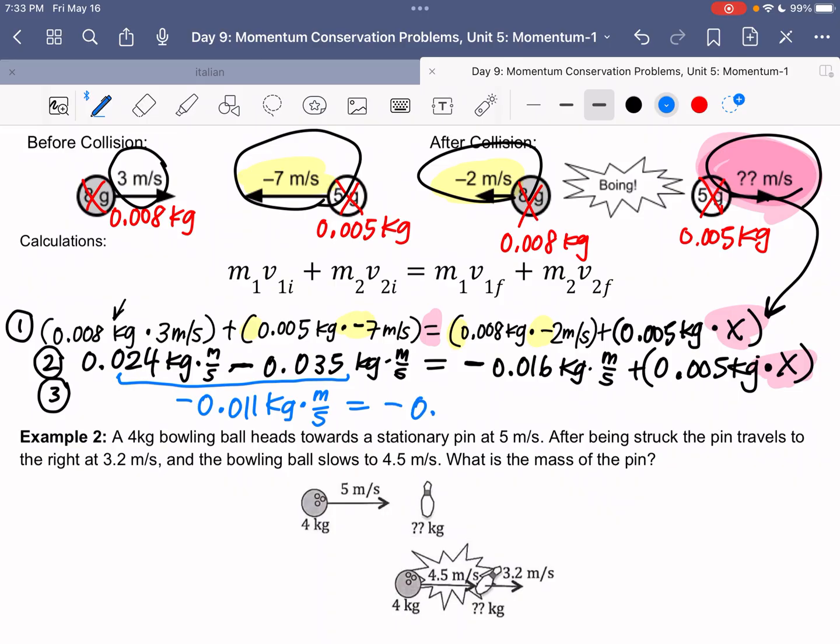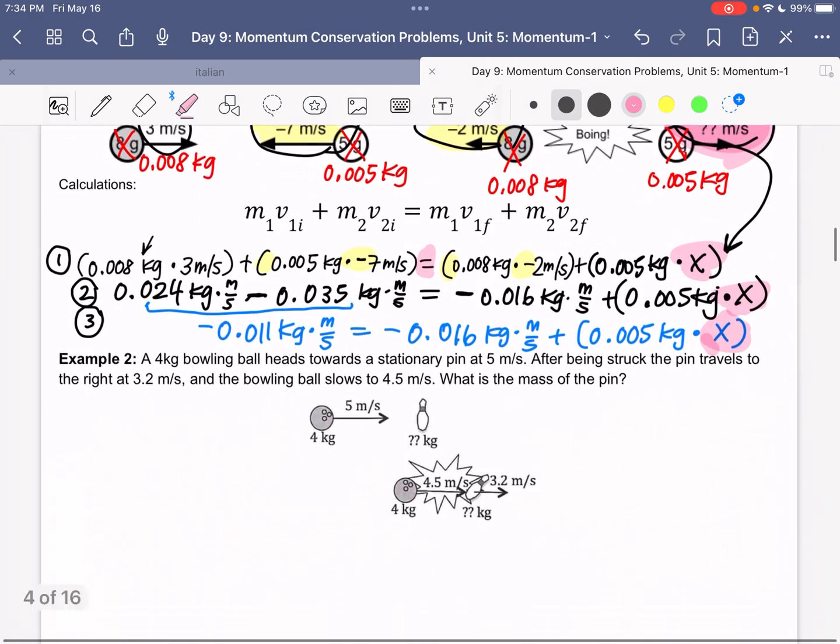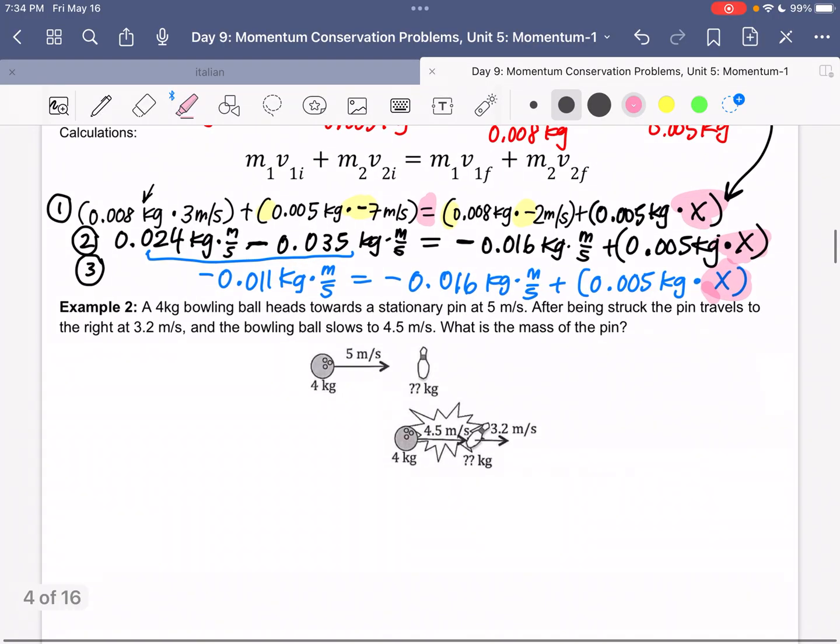So negative 0.016 kilograms times meters per second plus 0.005 kg times x, okay? And this x, we just bring it down. Okay, I'm running out of space, so I'm gonna continue it down here.